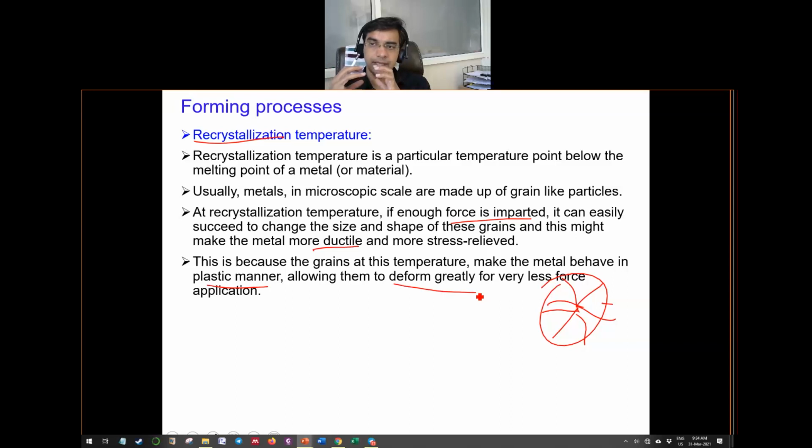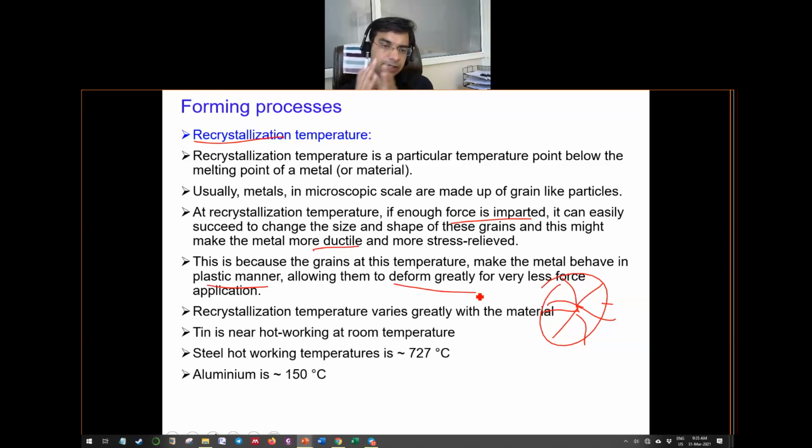If you want to apply a high value of force, that means the input energy to the process is higher, which deteriorates the energy efficiency of the process. That is why we are always interested in finding a golden window where we apply minimum force, and by applying minimum force we can extract the maximum plastic deformation. That value of temperature falls in the range of recrystallization temperature.